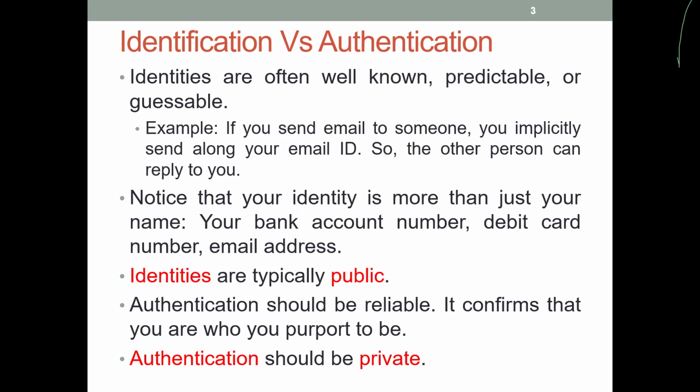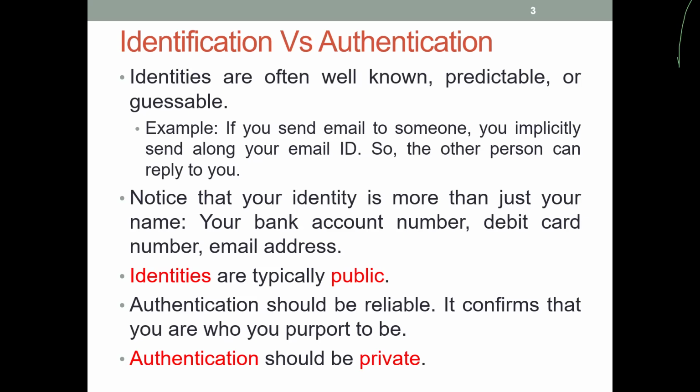Just think, if you send an email to your friend, how does your friend identify you? Based on your Gmail ID. Based on your email ID, he will identify whether it's his friend or not. So the identification details we cannot maintain as private things. That's always public.